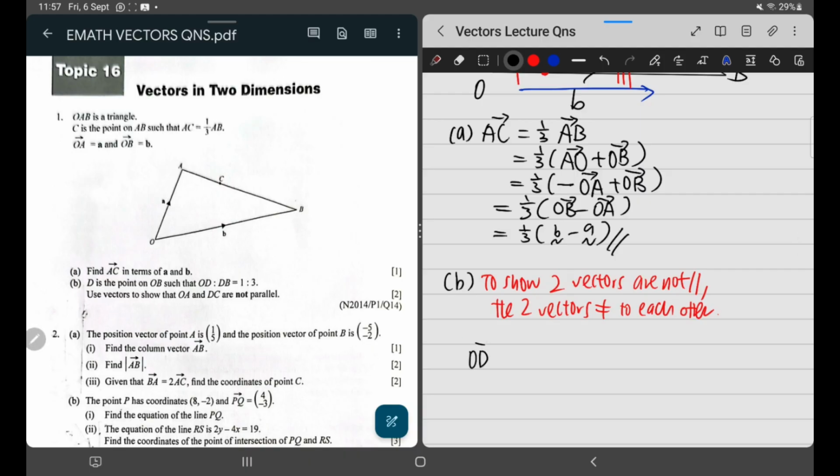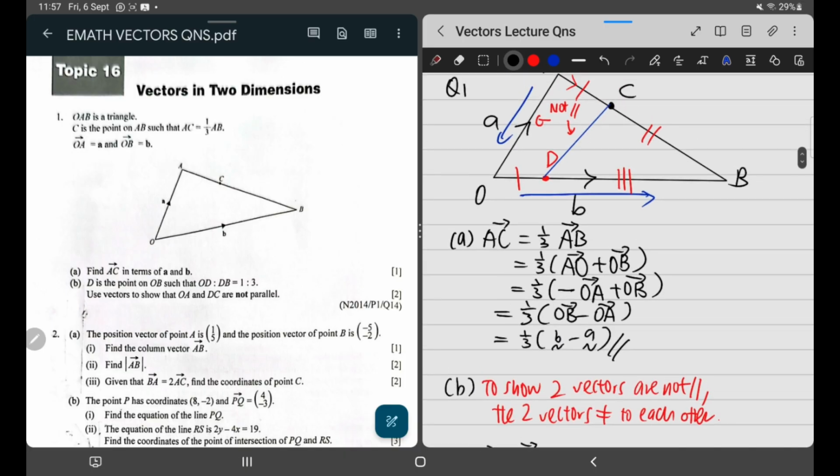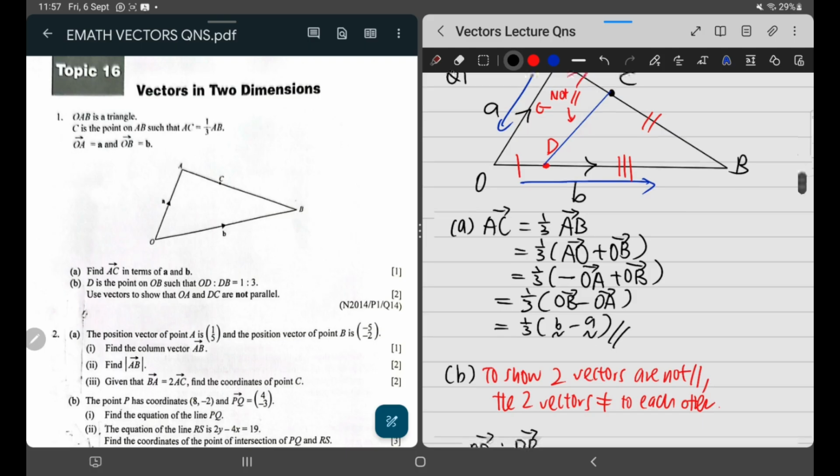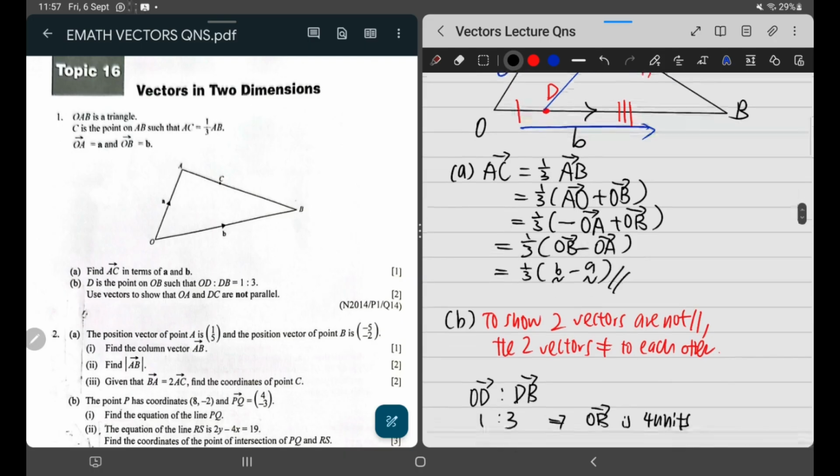So OD to DB is 1:3. So obviously we wouldn't be able to find OD directly, but we can find what is OB, right? So this means that OB is 4 units, because OB is just OD plus DB, you add them together.